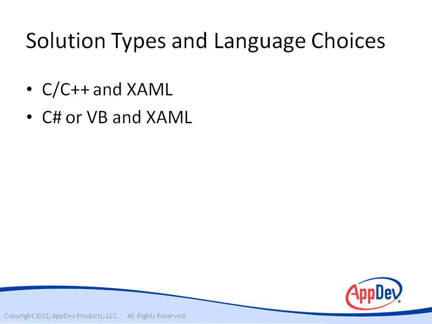There's also C# or VB in XAML, which if you're a .NET programmer or you have some .NET experience, that's a great choice. From a design standpoint, it's the same. XAML is XAML. If you're familiar with that and not doing any coding, then maybe that project or solution type might be up to the programmer.